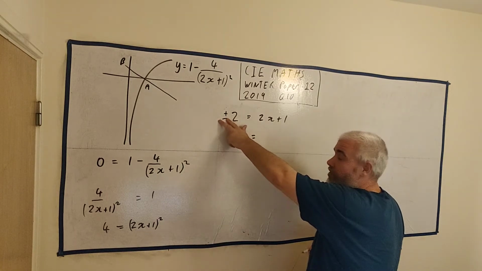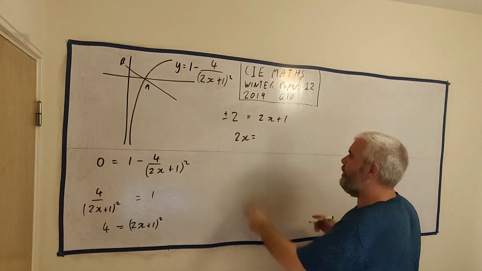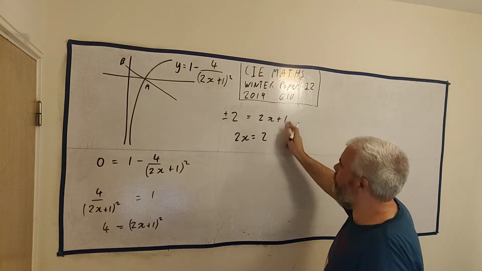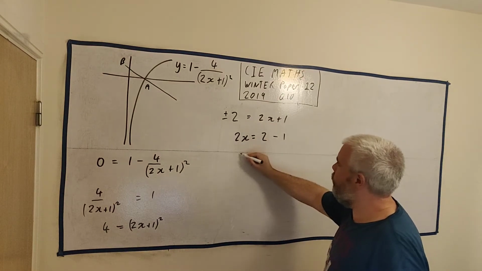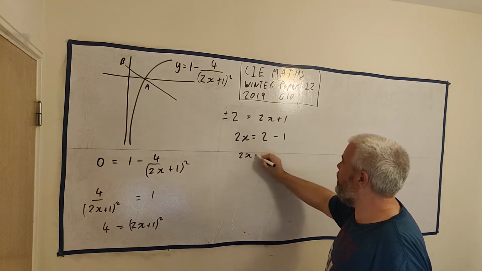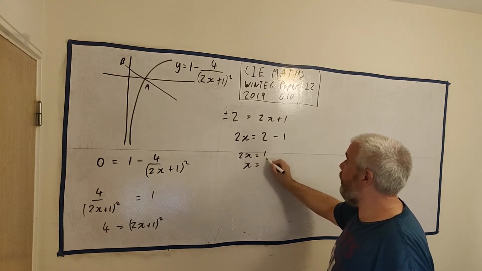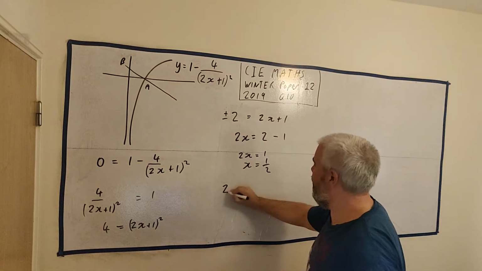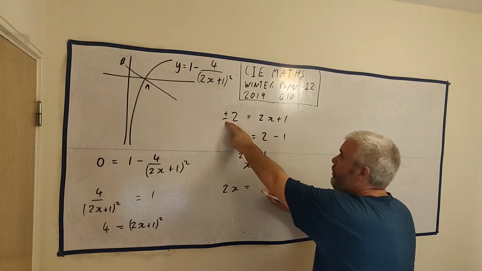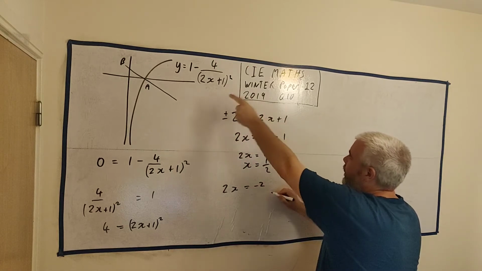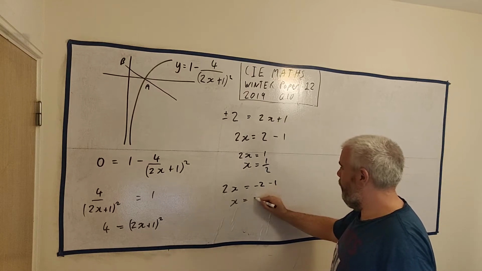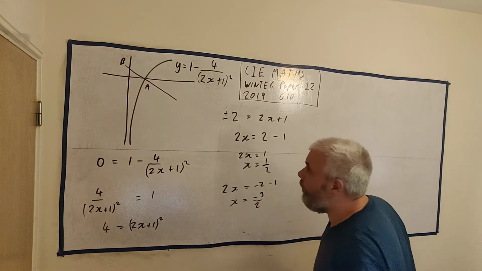Let's pretend it's a plus first, so 2x + 1 equals 2, and we take 1 away from both sides: 2x equals 1, x equals a half. Another possibility was that 2x + 1 was equal to minus 2, and then let's take 1 away from both sides: x is equal to minus 3 over 2.